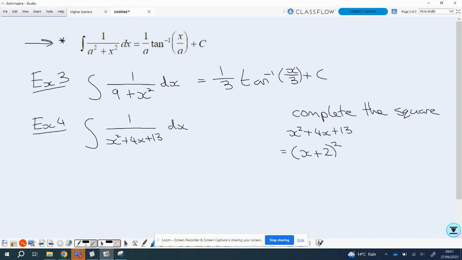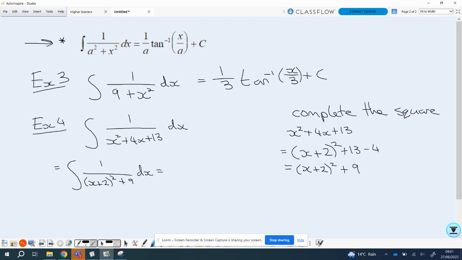You would then have plus 13 and then subtract the 4 that you would get from having 2 squared. So your final answer would be x plus 2 all squared plus 9. So that's the completed square. So I can rewrite my question: it's 1 over x plus 2 all squared plus 9.